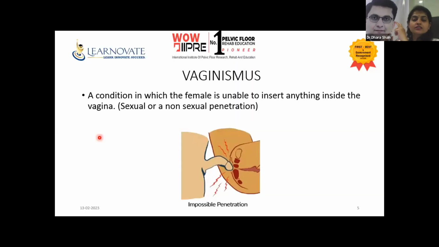Now in the hypertonus category, there are two very disabling terms which we should not overlook as a pelvic floor rehab specialist, and those are vaginismus, number one, and dyspareunia, number two. These are the two terminologies which are linked with hypertonus pelvic floor muscles.